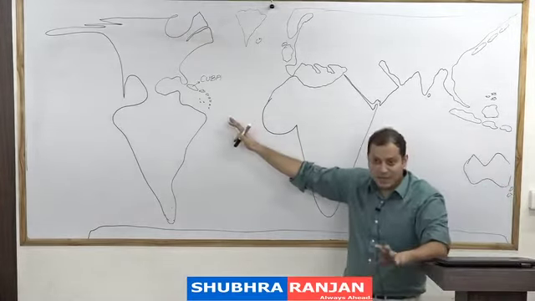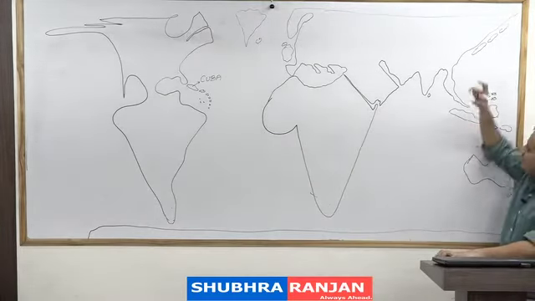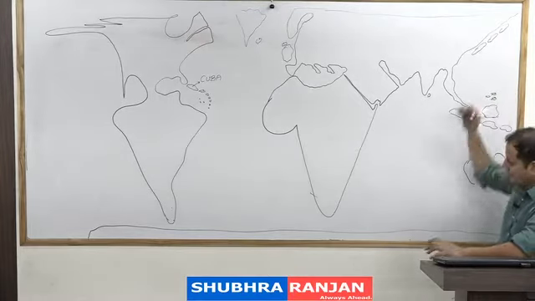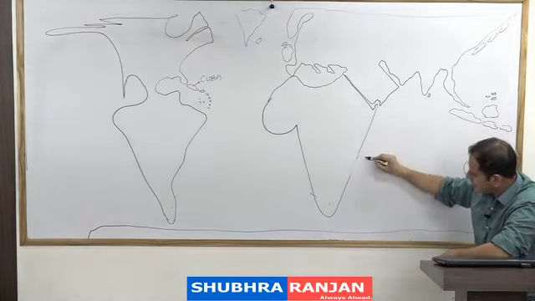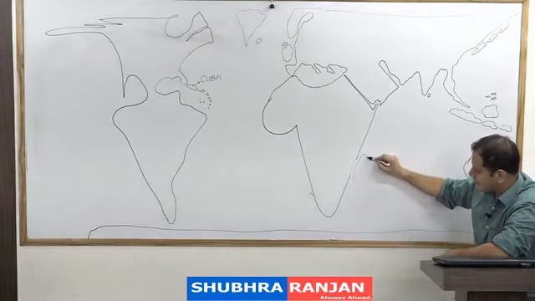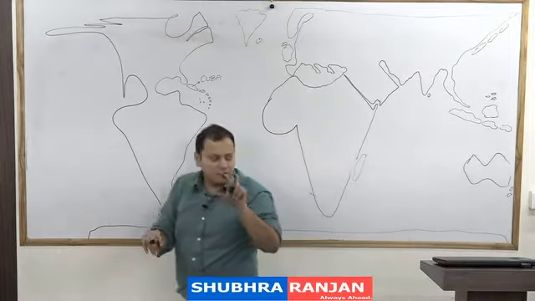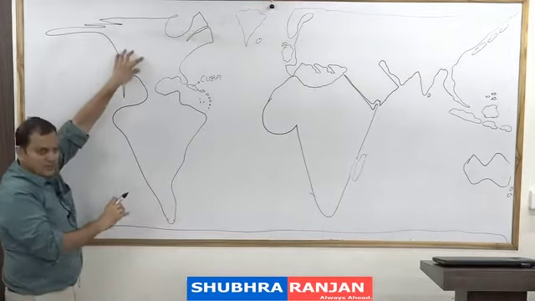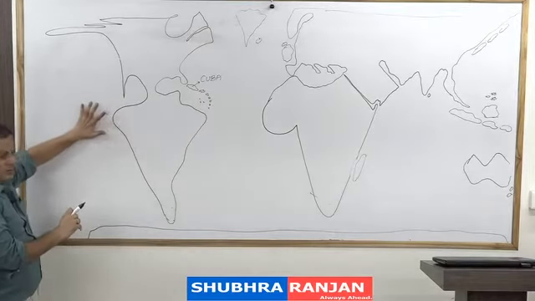So Caribbean island arcs, Indonesian island arc, Japanese island arc. Can anyone tell me what this country is here? This is Madagascar. Madagascar island. So we can see the world is divided into some major continents, and some island arcs are present on the world.